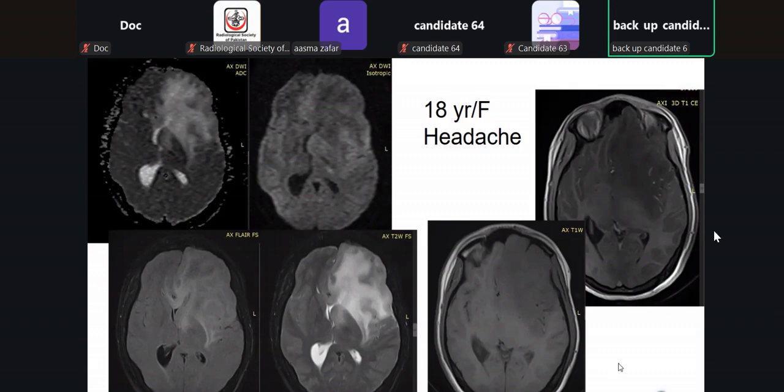So in an 18-year-old female patient, I'm suspecting this is an aggressive disease process that had resulted in the vasogenic edema, could be due to an underlying mass. And that could be a high-grade glioma, but there is no significant enhancement in this patient.